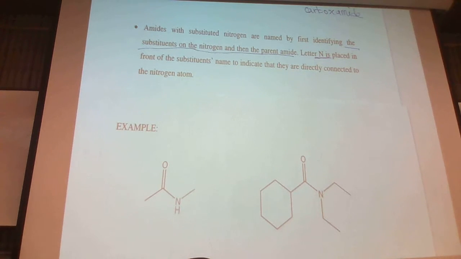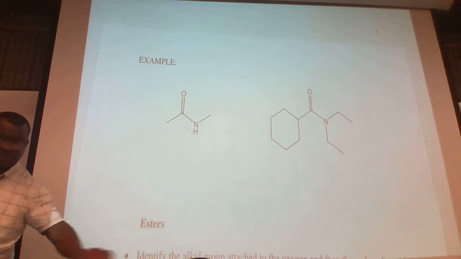Because if you don't put the N, it will be like that alkyl group is from the chain, right? Okay, so that's why you have to put the N. So let's look at an example.